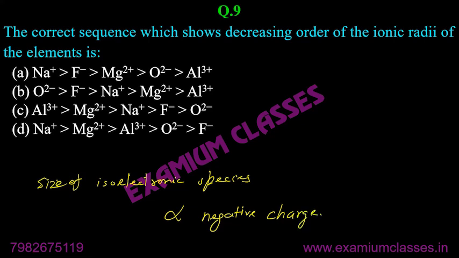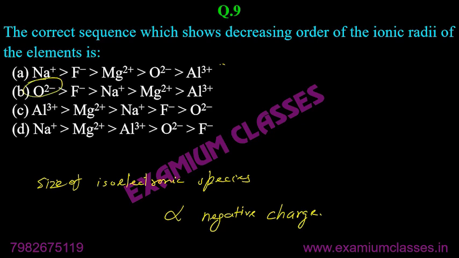Now, if you see, these are isoelectronic species, but if you see the negative charge, this one has the highest negative charge, and this is not at the greatest position.